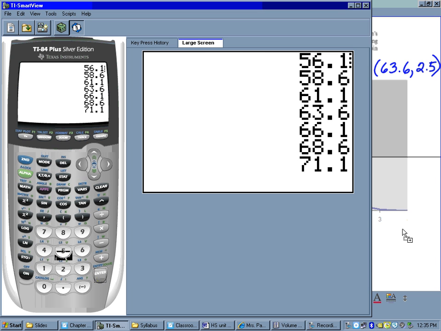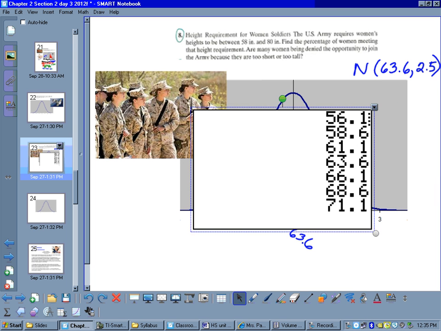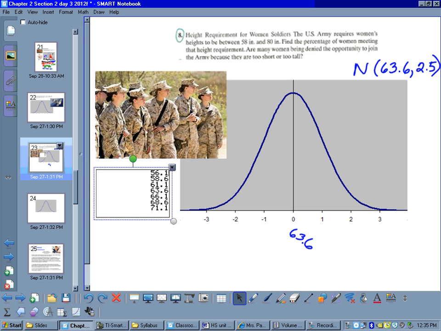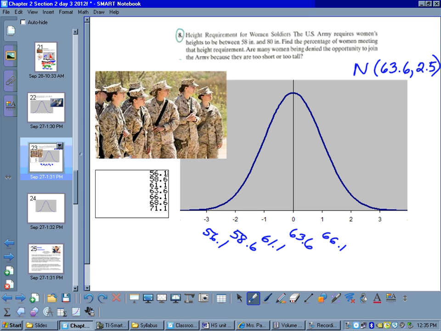So those will be our labels for the X scale. So now we have our Z scale, our X scale, and our normal curve notation at the top.